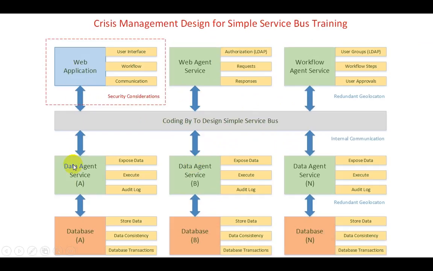All communication is between the elements inside this diagram, and most of the elements are services. This is a web application hosted on IIS. In the design, the web agent, workflow agent and a bunch of data agents are hosted as separate Windows services.